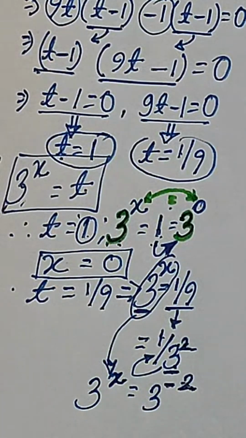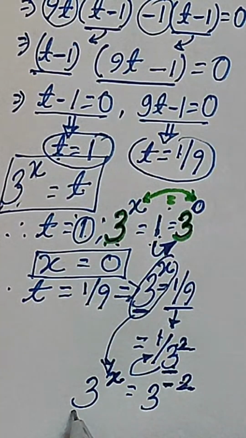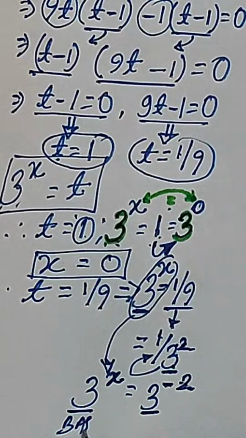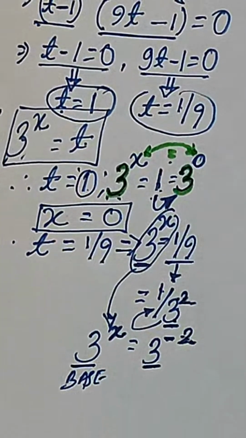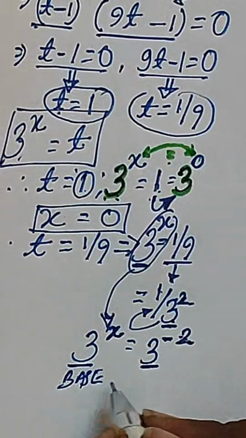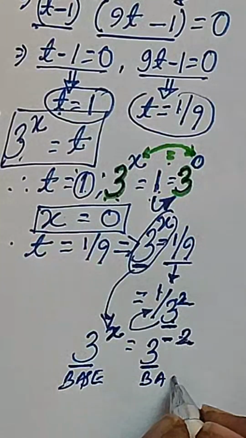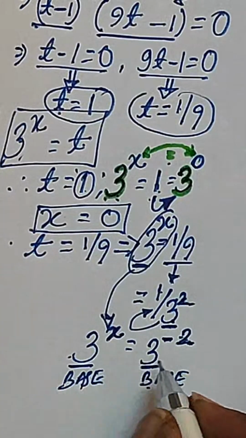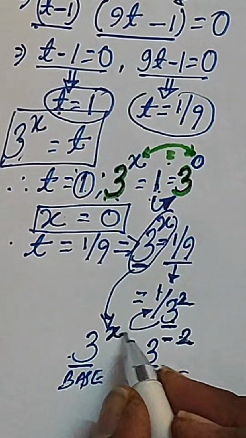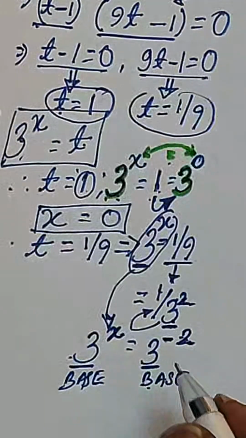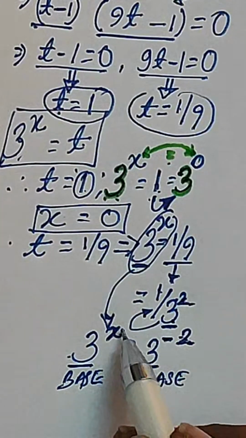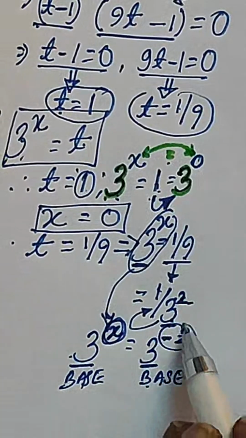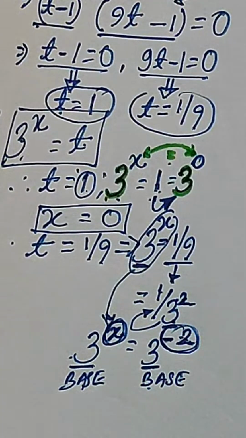Now you can see this is an equation, and 3 is the base on the LHS and even on the RHS. If the bases are the same, the exponents can be equated, right? So from here we can say that this x and this minus 2 should be equal.